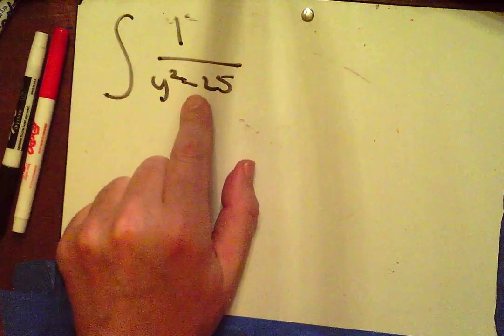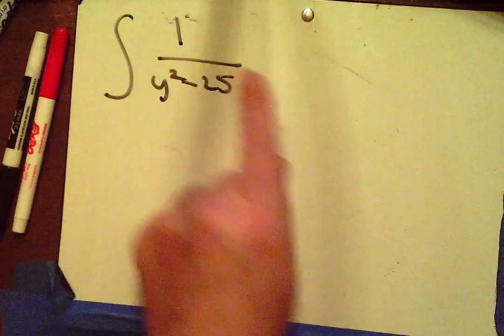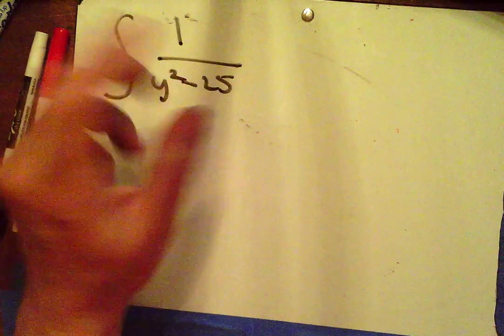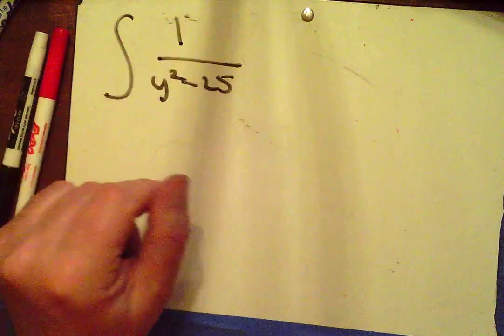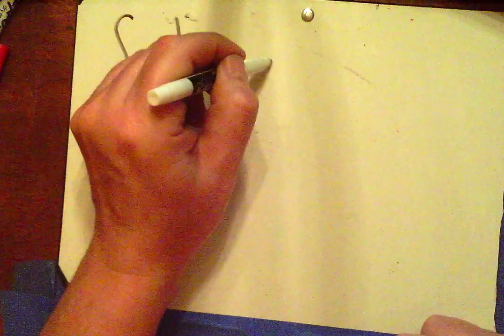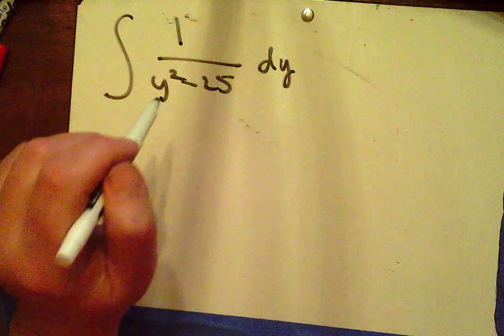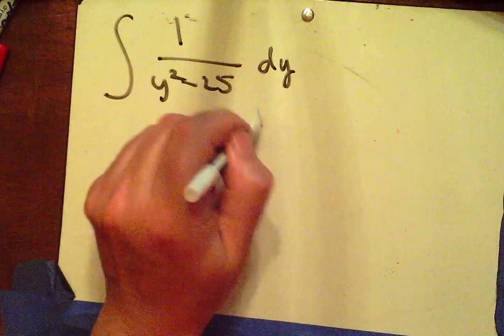And I'm not going to do a u sub where this denominator is my u, because I don't see a 2y anywhere, or even a y, an extra y floating around. So what am I going to do? Well, you're going to love this. Partial fraction decomposition.